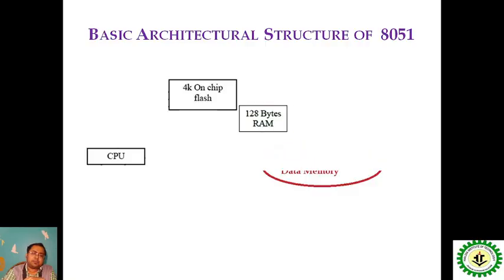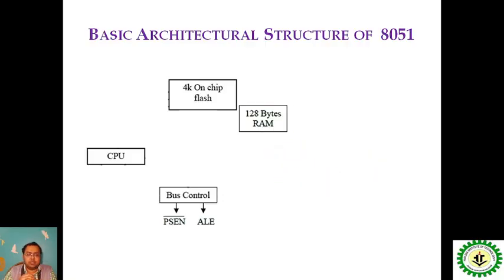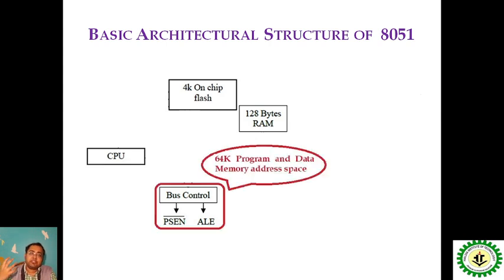After this ROM and RAM structure, it has a bus control module. What is the meaning of this bus control module? Although the 8051 microcontroller has some amount of on-chip ROM and RAM, it might happen that a particular operation requires more memory. In that case, we need to externally interface an external memory.